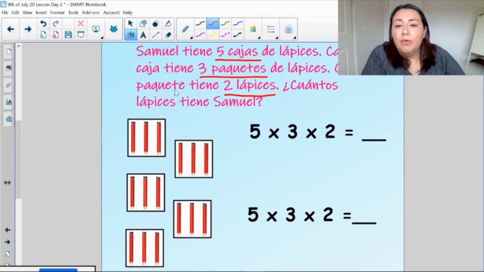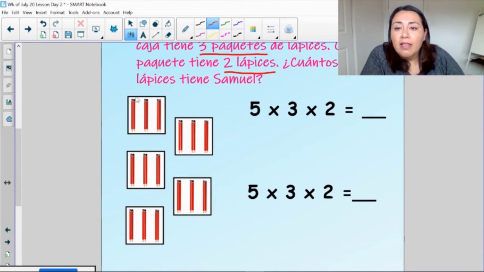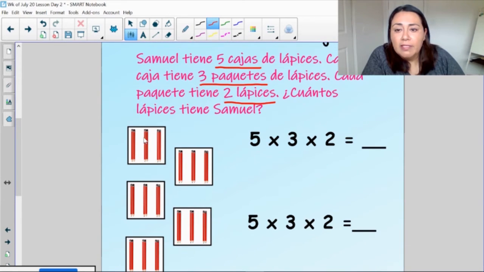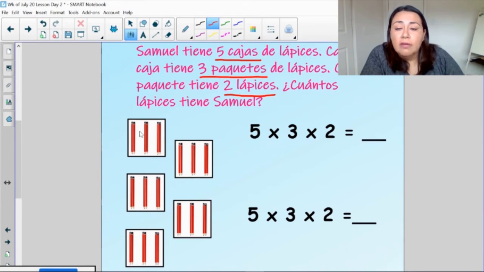Aquí está el dibujo. Cada cuadrado es la caja, ¿verdad? Y cada 2 lápices es un paquete. Aquí tenemos 1, 2, 3 paquetes en cada caja. Y luego dice que hay 5 cajas. 1, 2, 3, 4, 5.